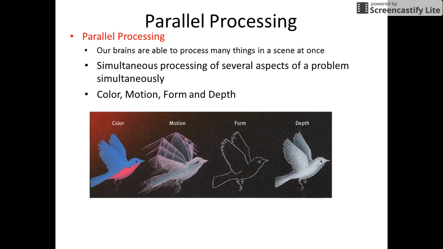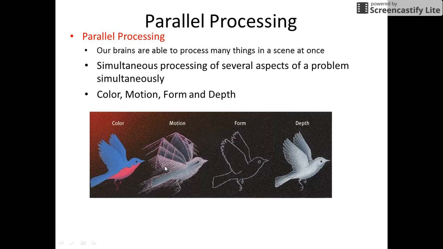We also have parallel processing that takes place in the brain. Our brains are able to process many things in a scene at once, simultaneously processing several aspects of a problem. We're able to understand the color of images, the motion of things moving, the form of the bird, and how far away something is, the depth of things. This wing obviously is closer than this wing because we understand the component of depth.